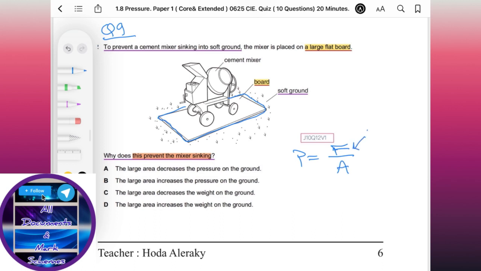The force here is the weight of the mixer, which is constant. So when you increase the area of contact, the pressure will be less, so it will not sink in the ground. So the correct answer is A. The large area decreases the pressure on the ground.